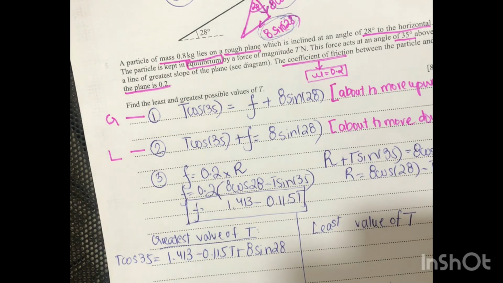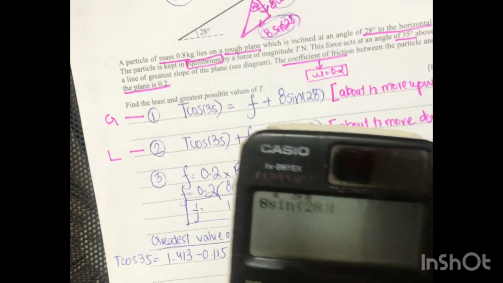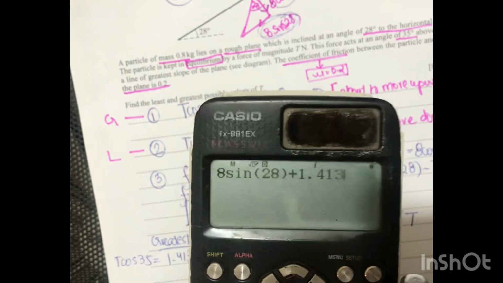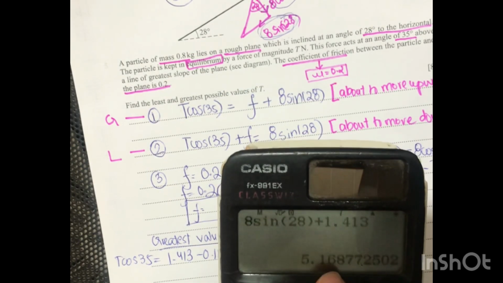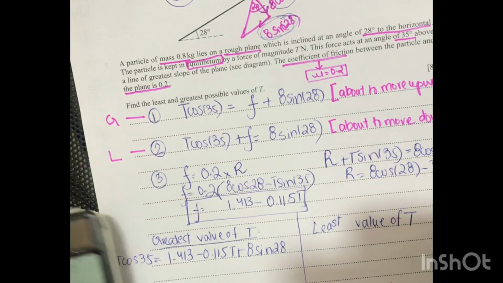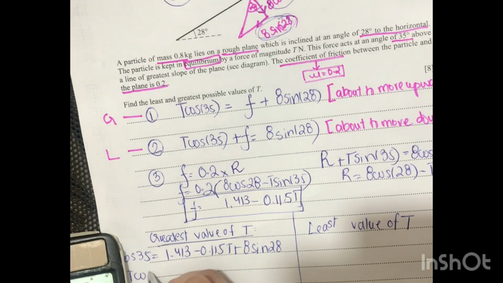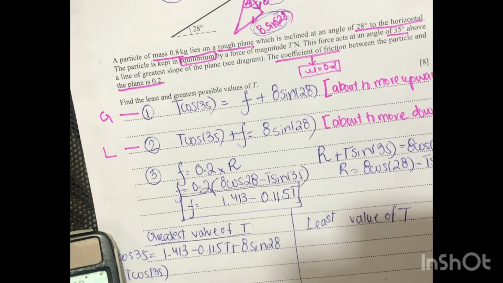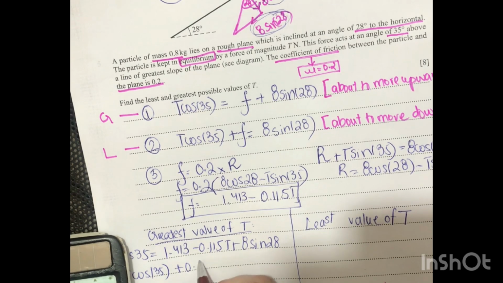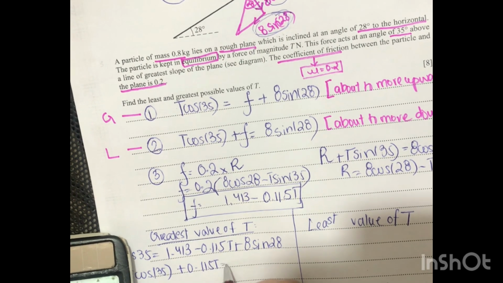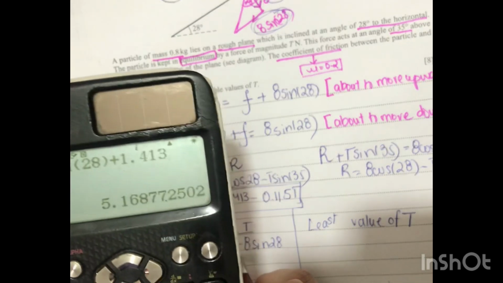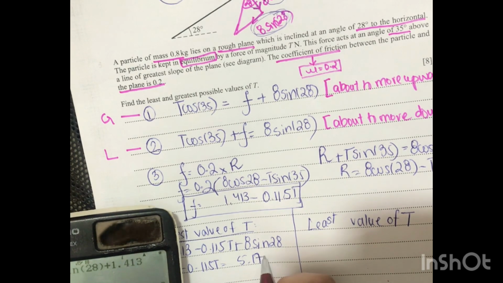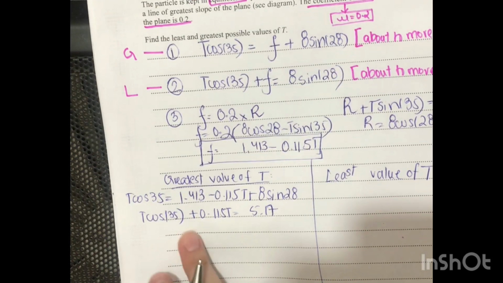So 8 sine 28 plus this 1.413 is 5.17. So t cos 35, and taking this value of t to the other side, it will become plus 0.115t, is equal to 5.17.